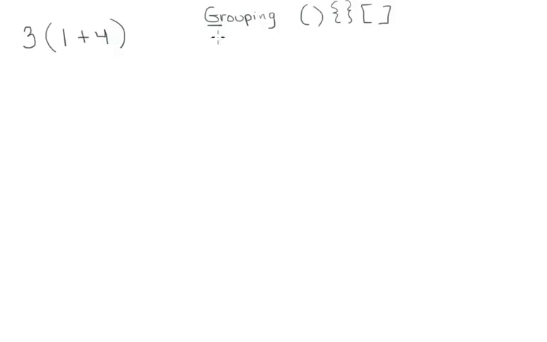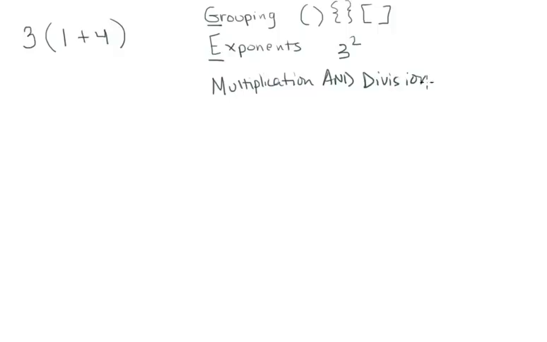Okay. Then we have exponents. Okay, so anything that has an exponent, like 3 squared, we would do that next. Then we have multiplication and division, same step. And then we'll have addition and subtraction. This is our order that we simplify expressions.